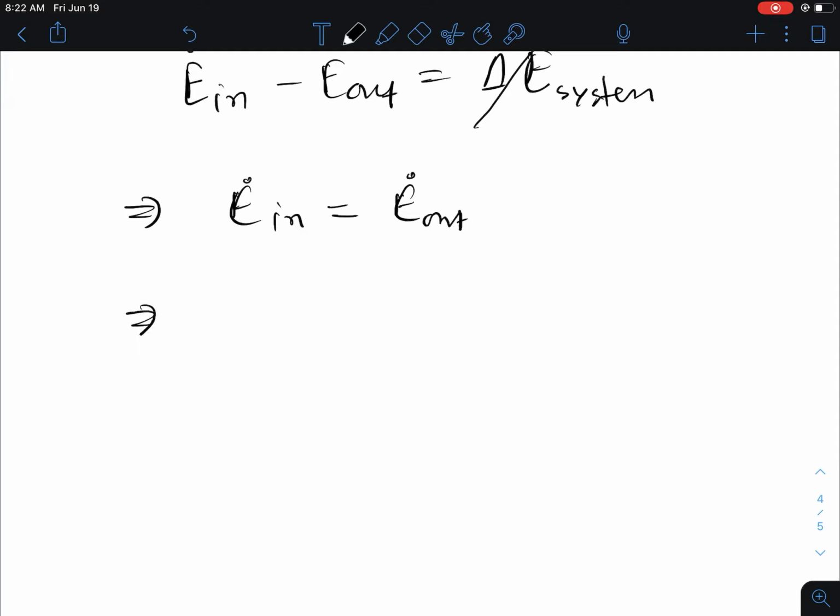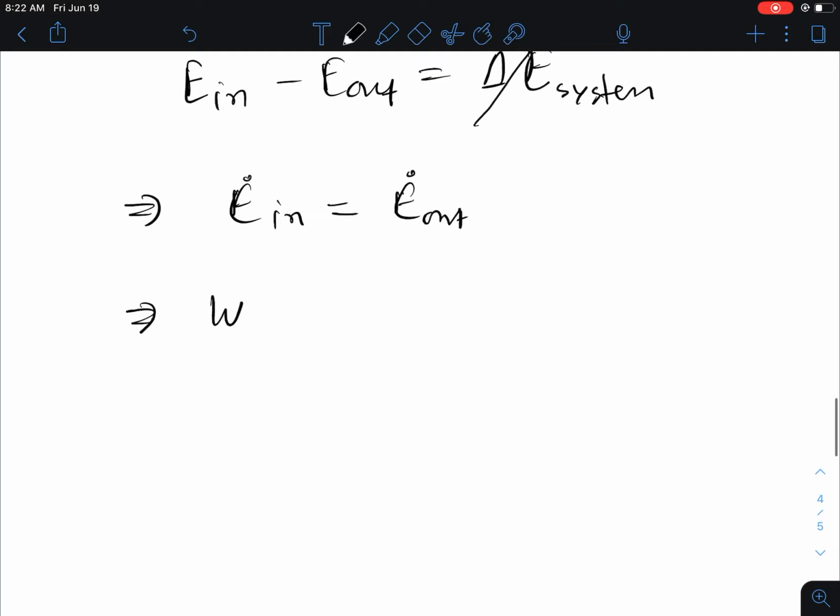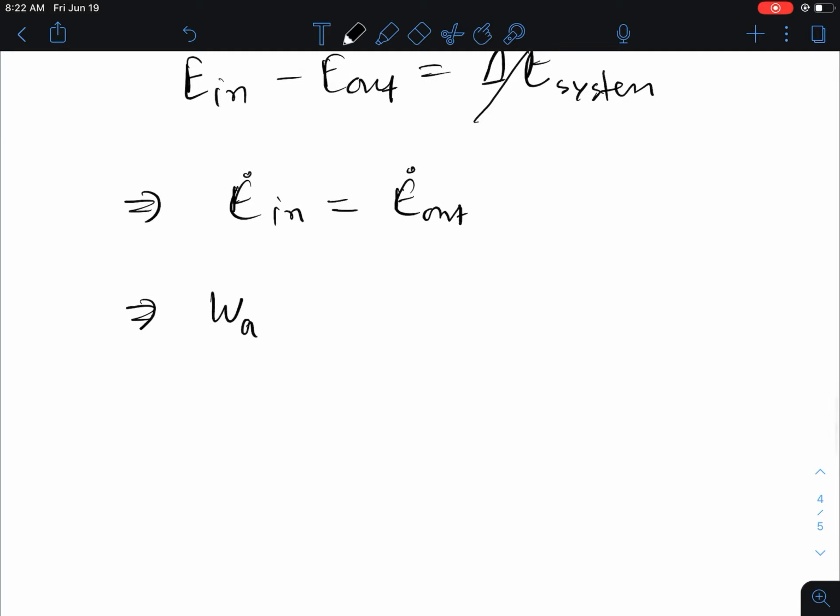Then the incoming energy is basically the power input to run that compressor, so W actual of incoming, plus also the incoming energy is coming with that refrigerant, which is m prime h1.